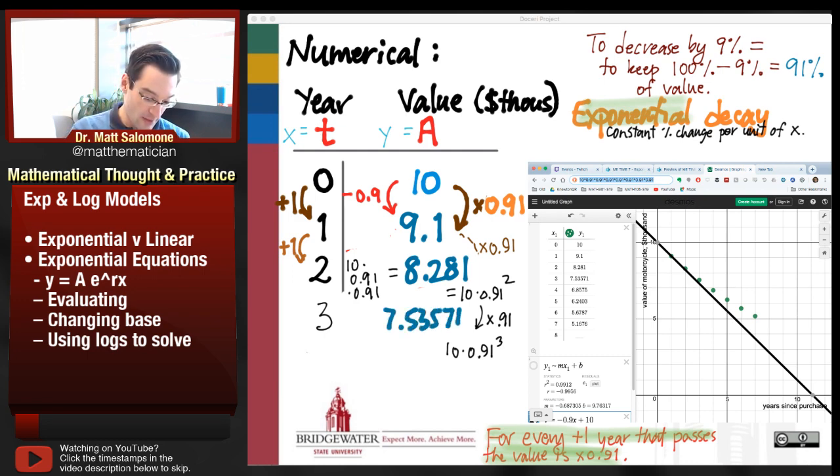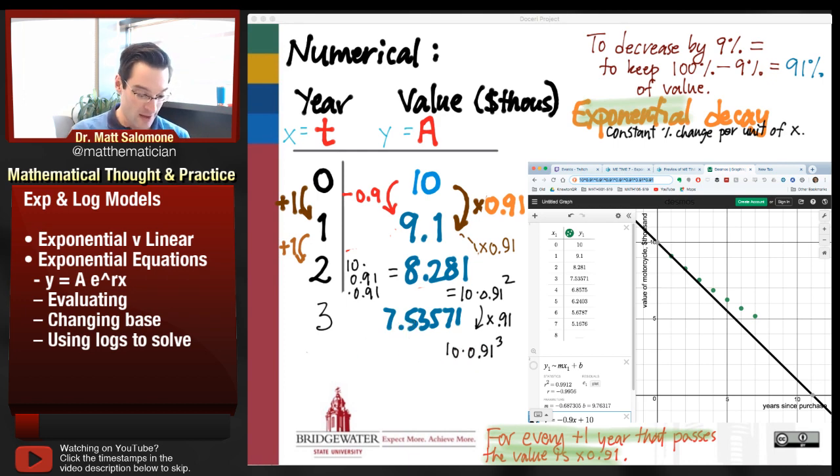But you can kind of see what's happening here, right? That the number of years, the value of x or t or whatever you like here, is just showing up as exactly the number of times I have to multiply that initial amount of 10, that amount when t is equal to 0, by 0.91 in order to get the value in the year that I'm looking for.